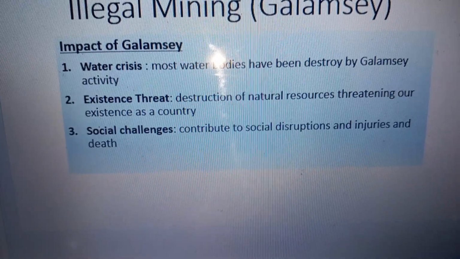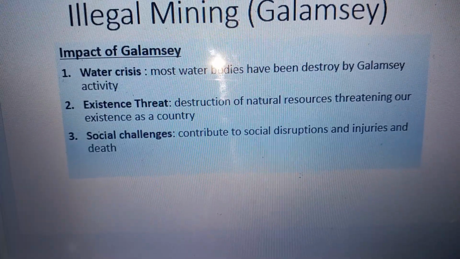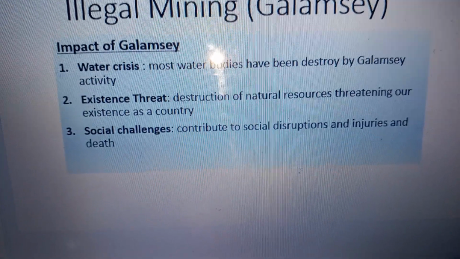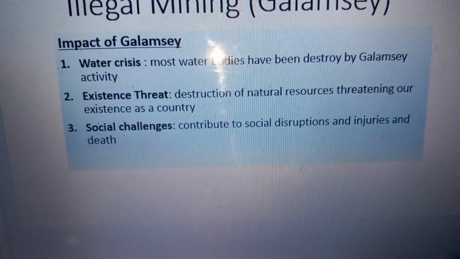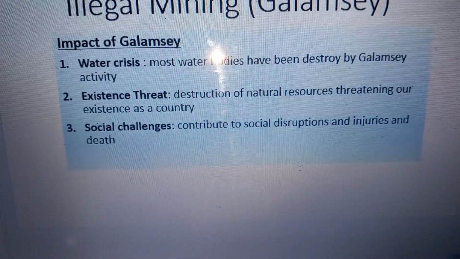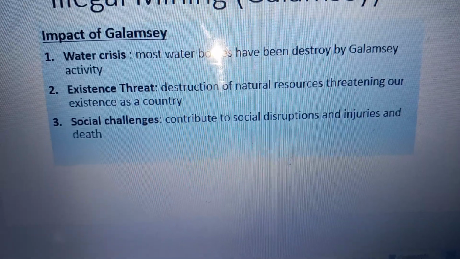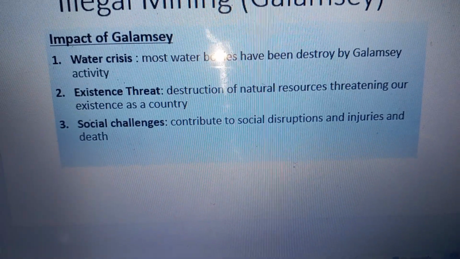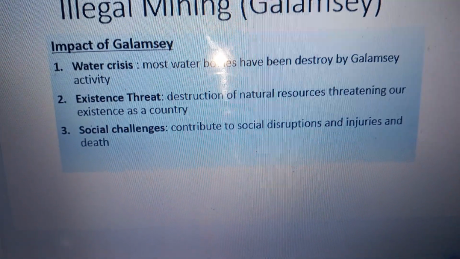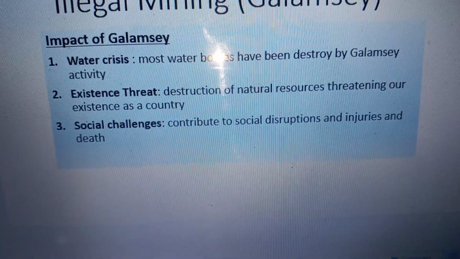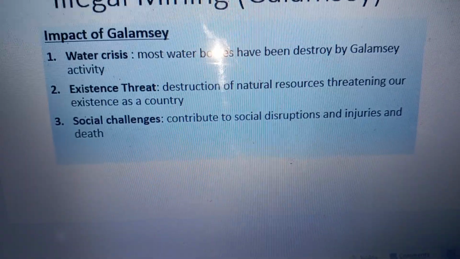The second impact that galamsey is having in Ghana is that it threatens our existence, because most of the natural resources are being destroyed. Trees have been cut, deforestation, and even the forest that has been kept for the future is being used for illegal mining, and it's causing degradation. Also, it's causing social challenges.